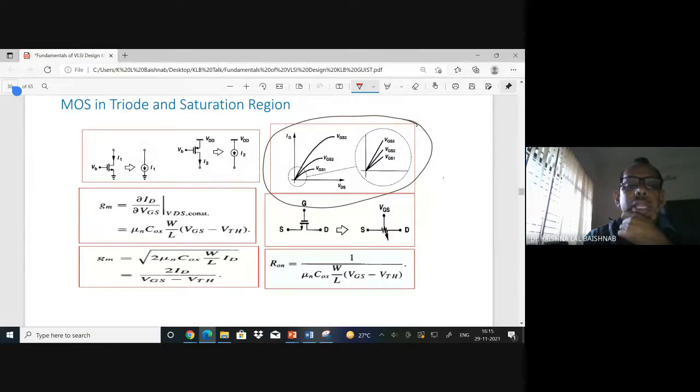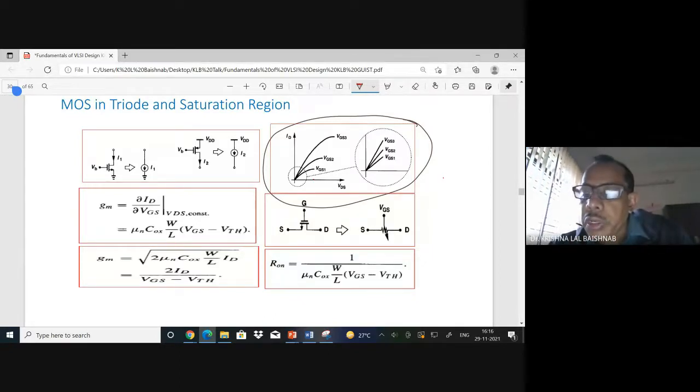What do you mean by that? Which region is it now, triode region or saturation region? We know that for the saturation region, VDS should be greater than VGS minus VTH.